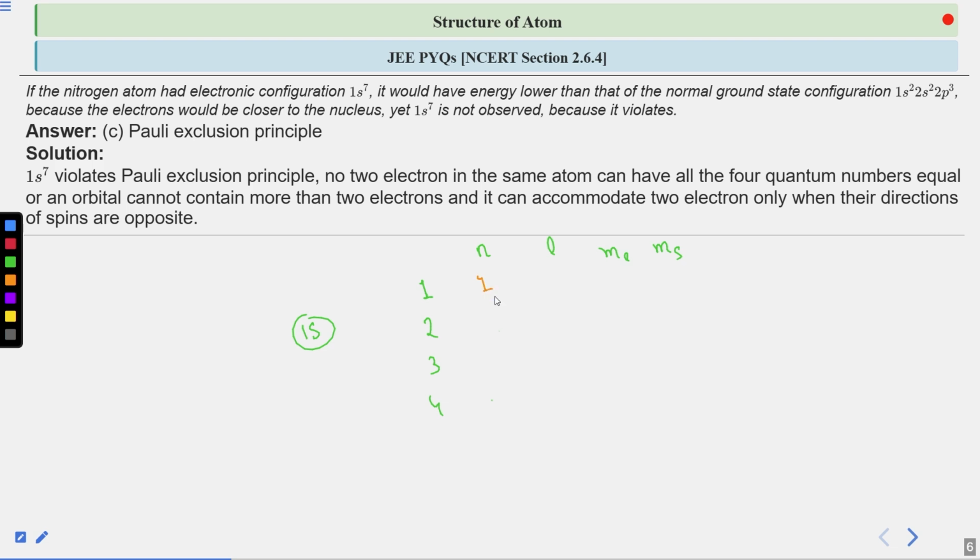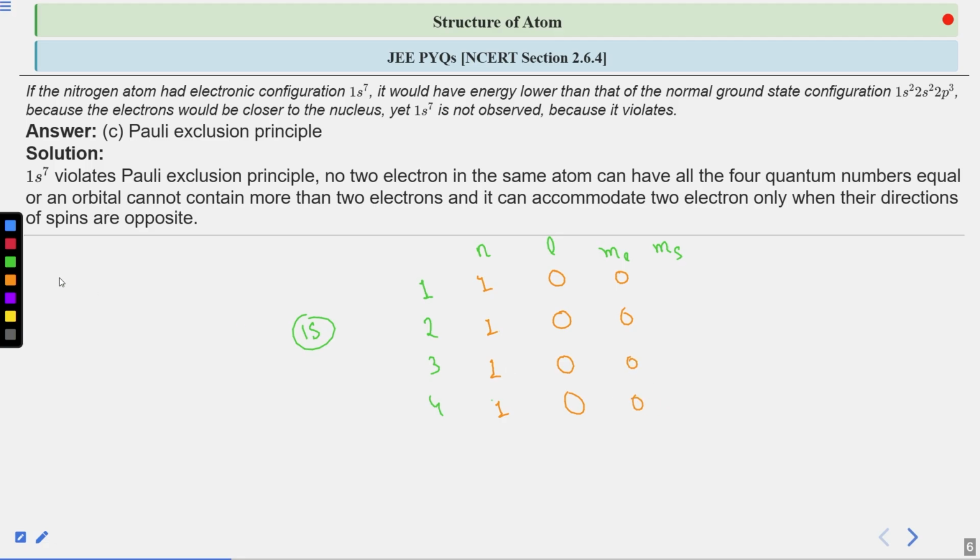What about the l value? It will be 0 for all of these. Very good. What is the ml value? The s orbital can have only one value in case of the magnetic quantum number, which is 0. Therefore, this value will also be 0.